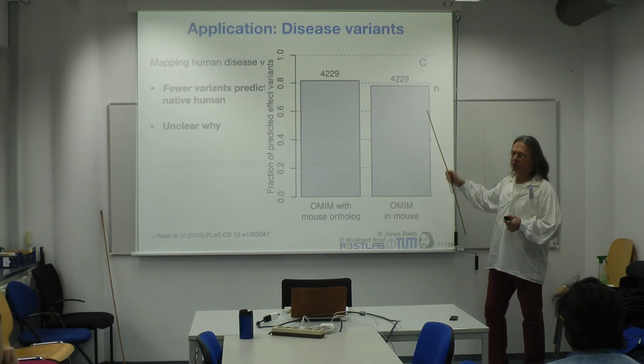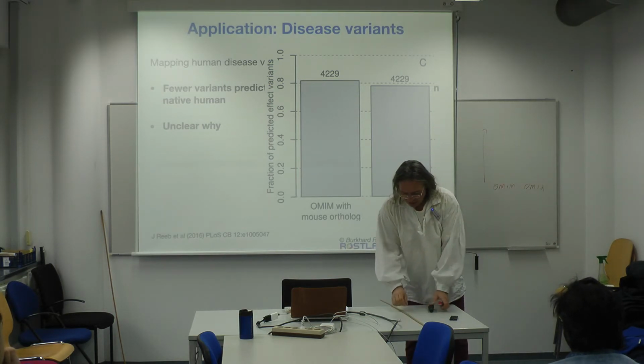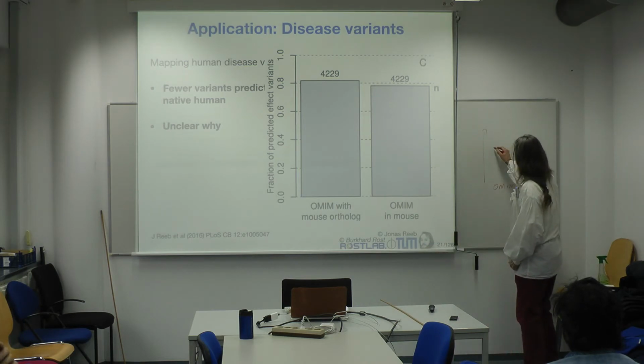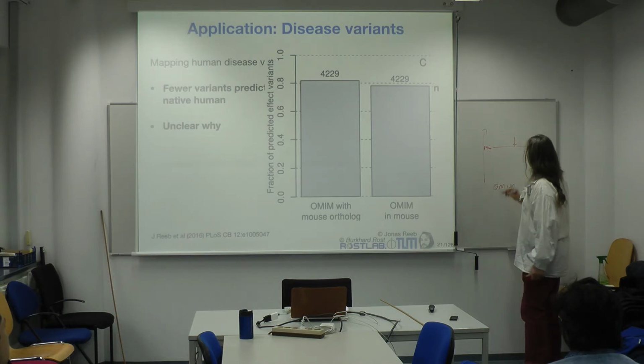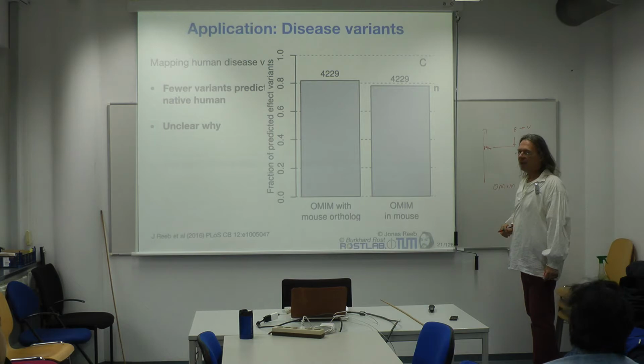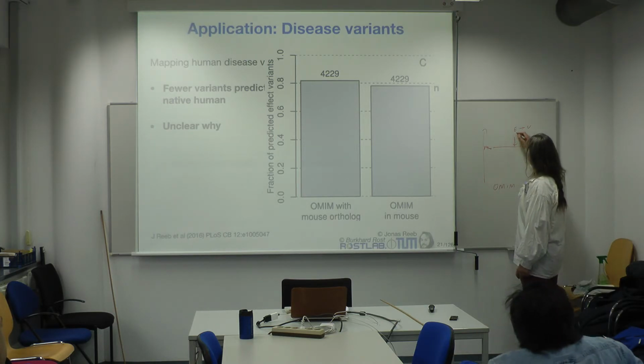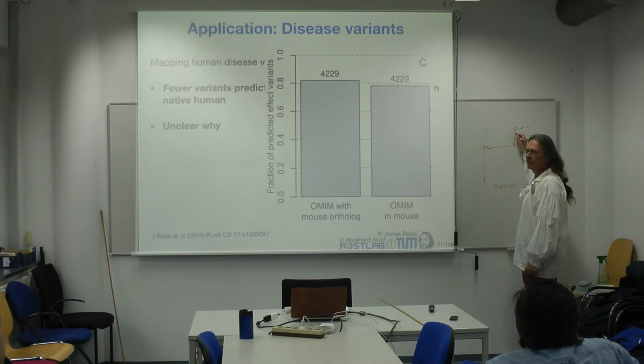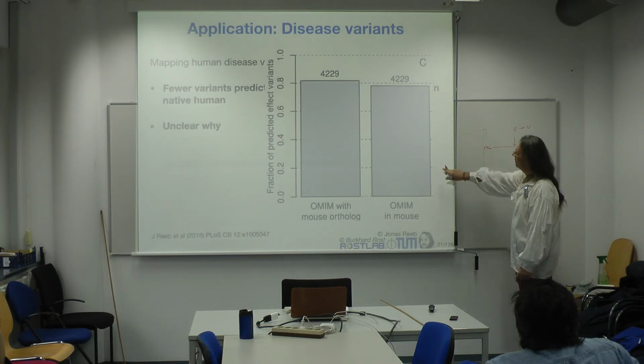I have a mouse sequence here, and in this mouse sequence, I vary this E to V, and I vary E to V only if mouse has an E. That's the right one.